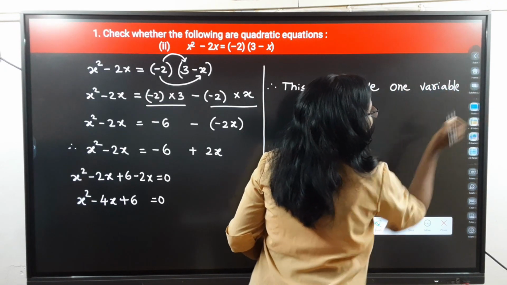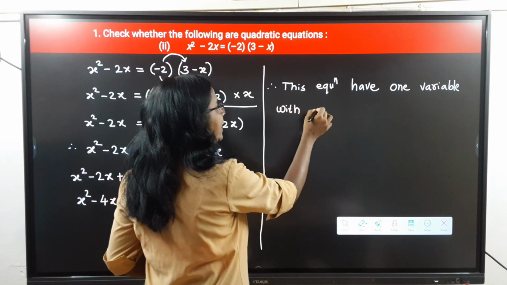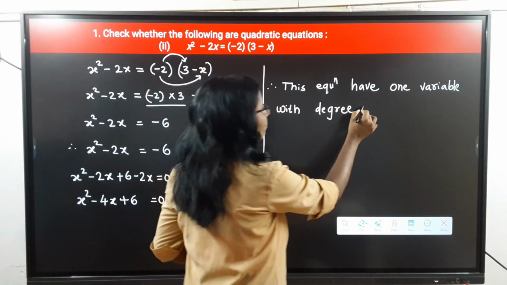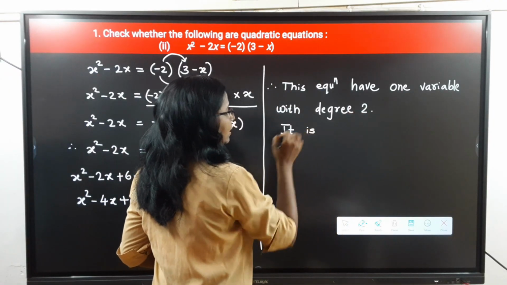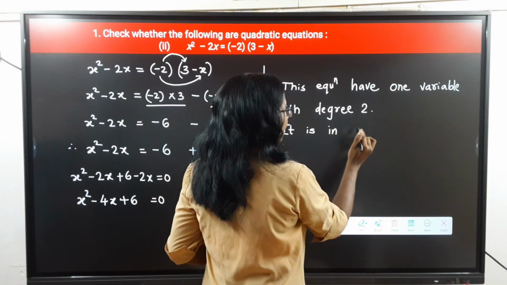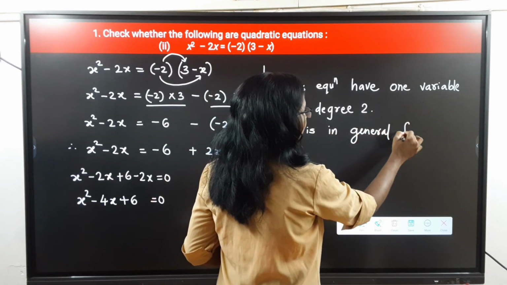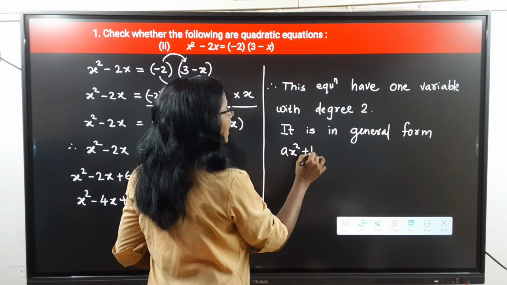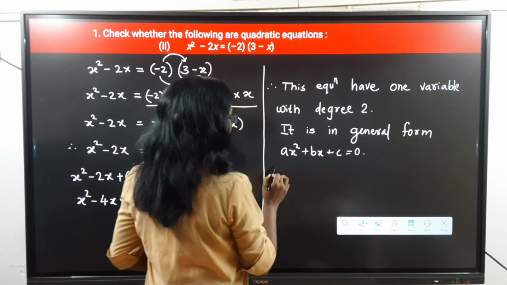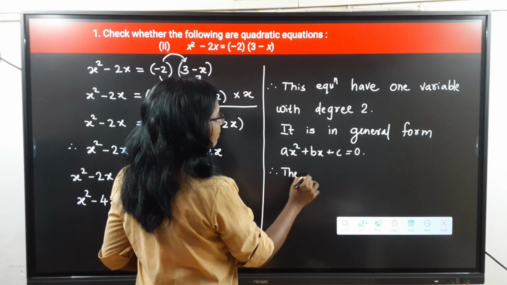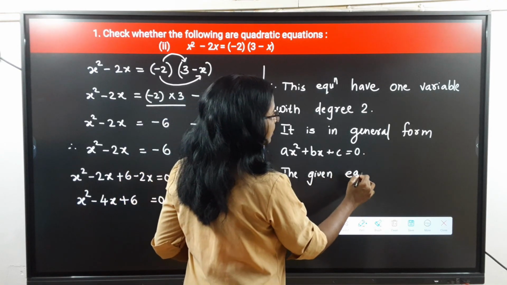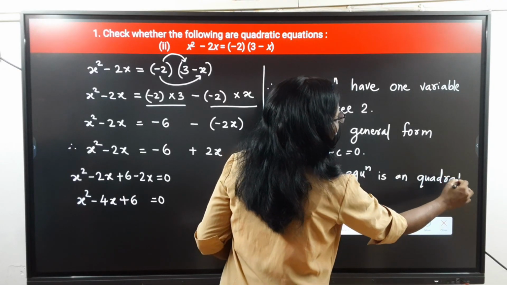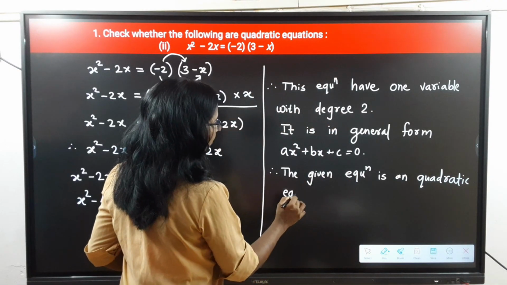This equation has one variable with degree 2. It is in the general form ax square plus bx plus c is equal to 0, and therefore we say that the given equation is a quadratic equation.